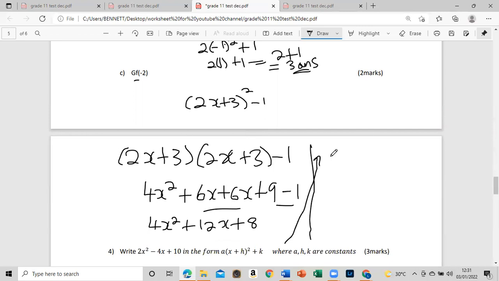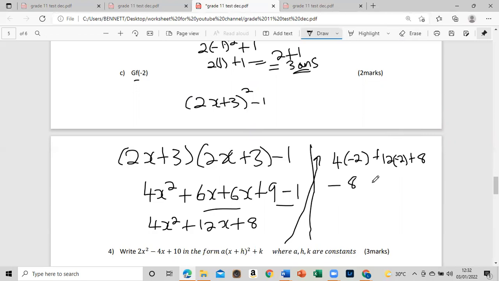So it's 4 times negative 2 squared, plus 12 times negative 2, plus 8. So 4 times 4 is 16.